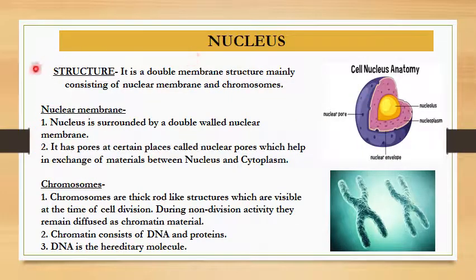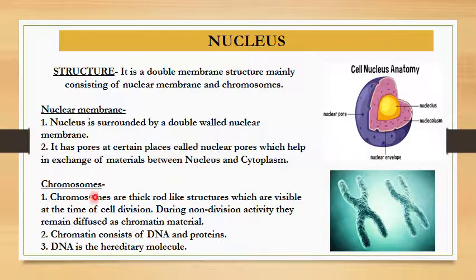Nucleus. Structure. It is a double membrane structure mainly consisting of nuclear membrane and chromosomes. Nuclear membrane. Nucleus is surrounded by a double-walled nuclear membrane. It has pores at certain places called nuclear pores which help in exchange of materials between nucleus and cytoplasm.